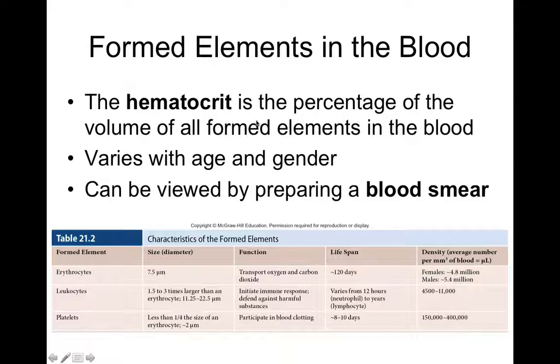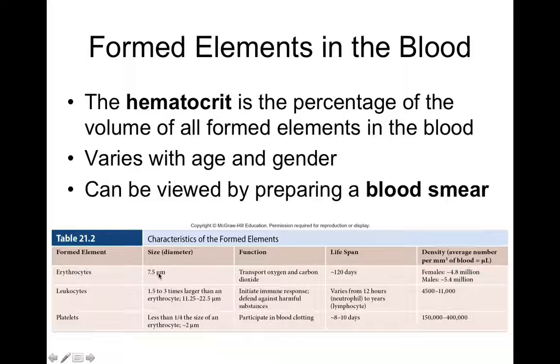Now, hematocrit is all the formed elements here. It can vary with age or gender, but we talked about how hematocrit is about 44 or 45% of your blood volume. So for the hematocrit, we have erythrocytes, leukocytes, and platelets. Now, erythrocytes are the red blood cells. They're pretty small, like 7.5 microns or so.